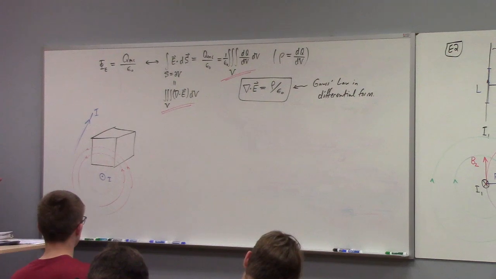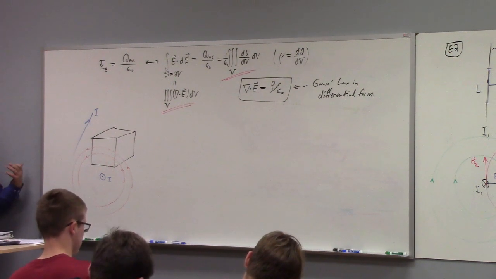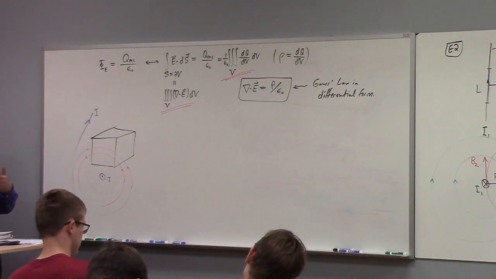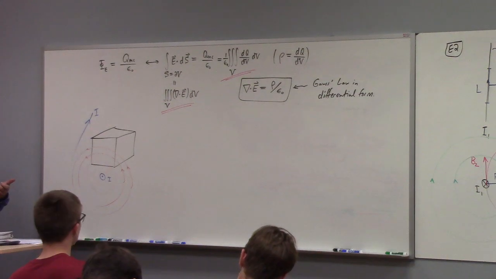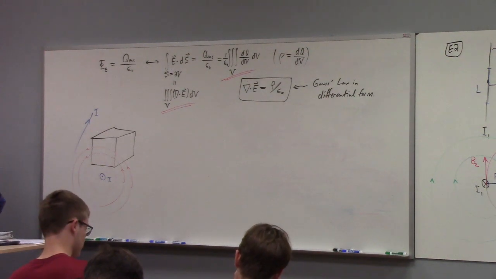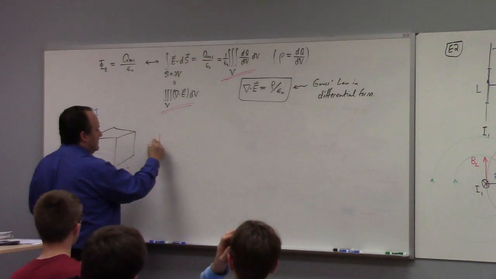If you have a better ability to visualize than I do, you can convince yourself, because magnetic field lines always come in loops around currents, what's the magnetic flux through this cube? Yeah, the magnetic flux is 0.